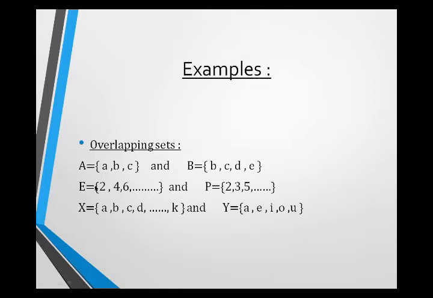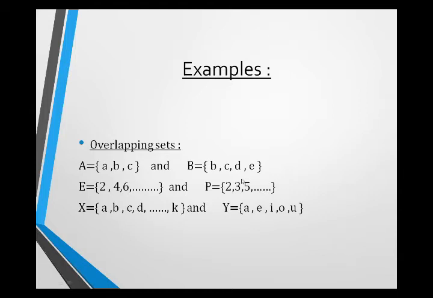Now in the second example, let E represent the set of even numbers, that is 2, 4, 6 and so on, and let P represent the set of prime numbers: 2, 3, 5 and so on.